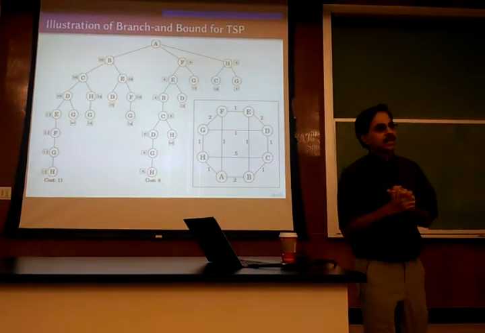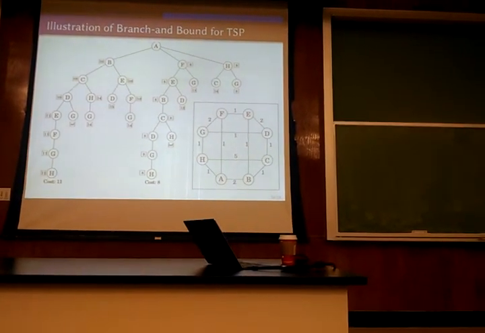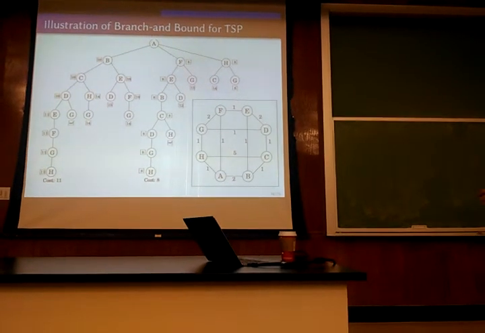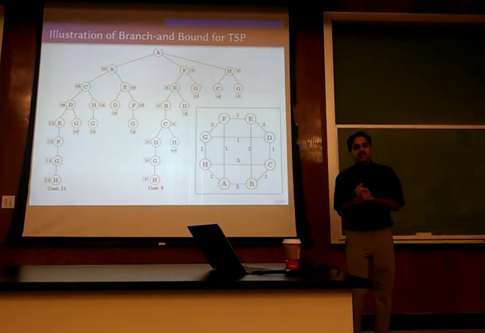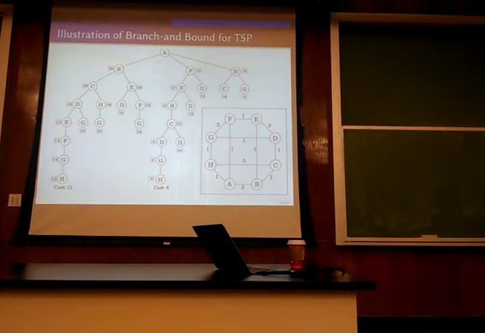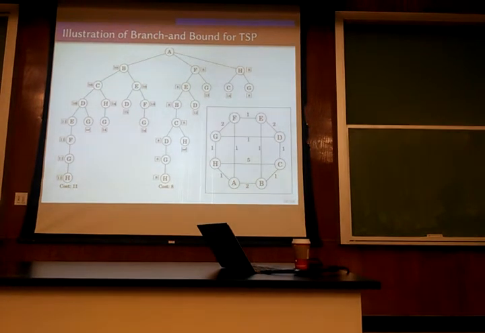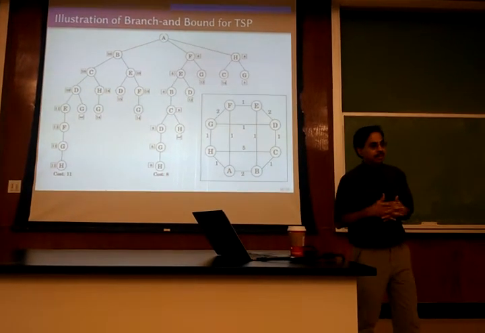The idea is that you derive some sort of lower bound for the minimum cost solution that can be found inside some part of the search tree. And if that minimum cost is higher than the cost of a solution you already found, then there's no need to look further. Okay, so that's the basic idea.